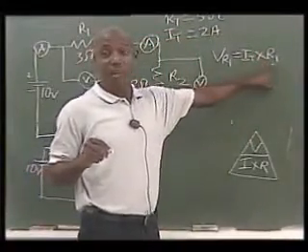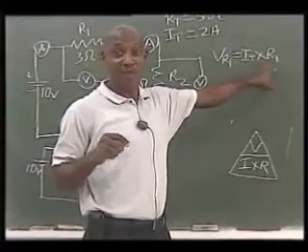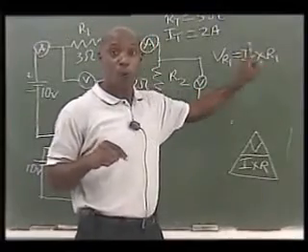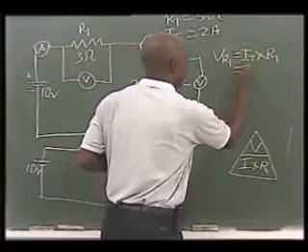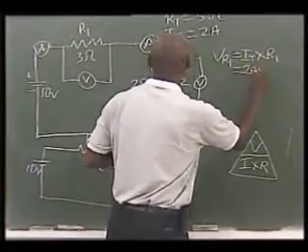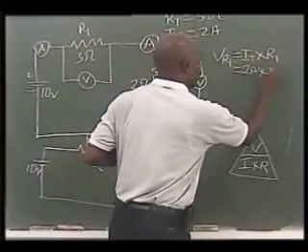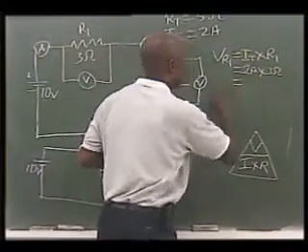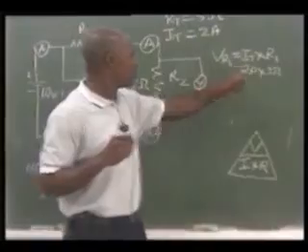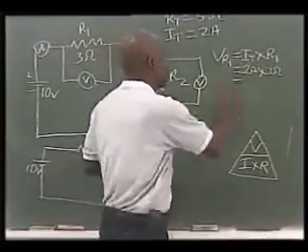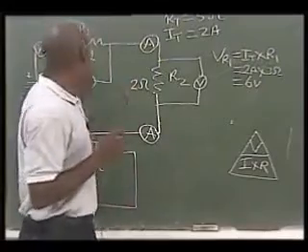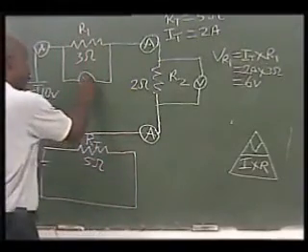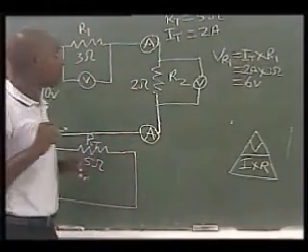Notice I did not put R2 and I did not put RT. I put R1. I substitute in the values here now. This is going to be 2 amps multiplied by 3 ohms, which gives us 3 2s are 6, so it's going to be 6 volts. So for our circuit here, this voltmeter will read 6 volts.